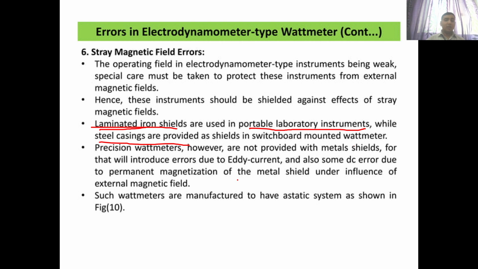But this also introduces some eddy current errors, so we have to choose which is greater, stray magnetic field losses or eddy current losses. There can also be some DC error due to the permanent magnetism of the magnetic shield influencing the external magnetic field.